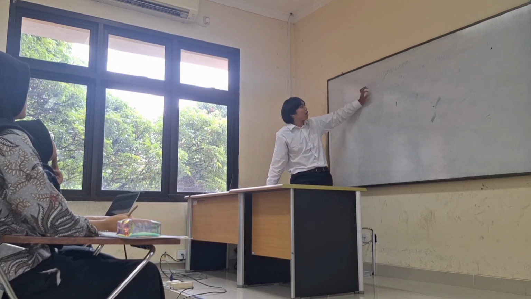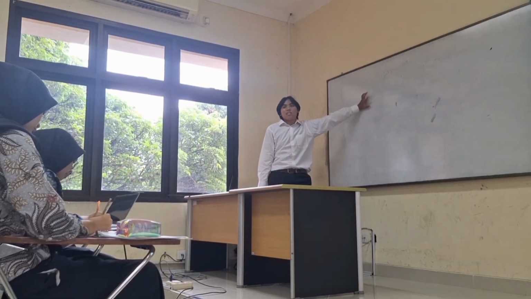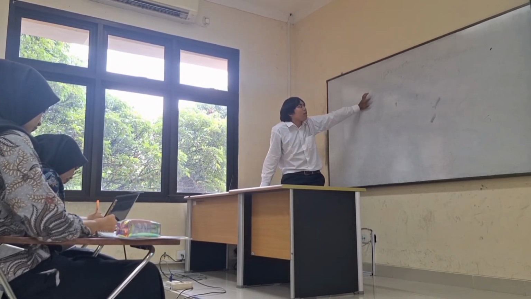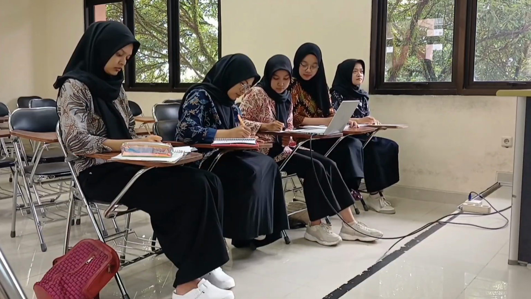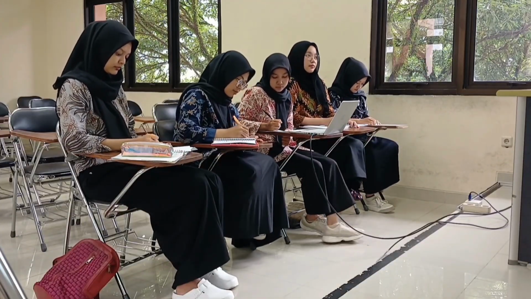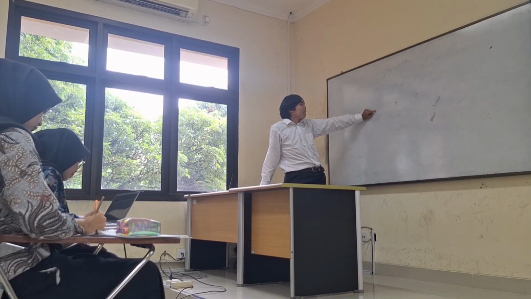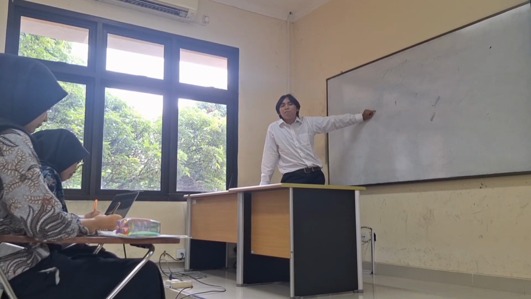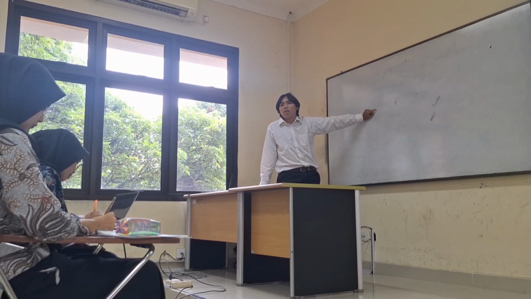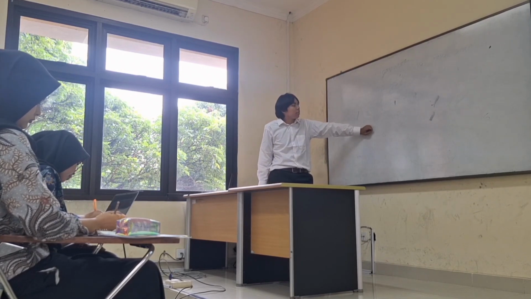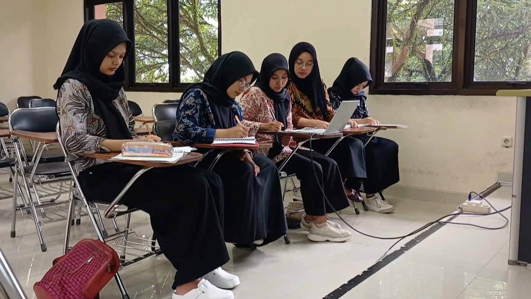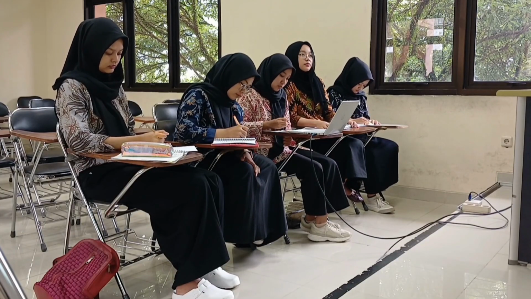Okay, so number 1 is 5x minus 2 equals 18. Then number 2, 9x plus 1 equals 10. Number 3, 4x minus 2 equals 10.